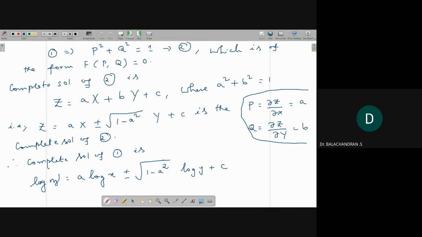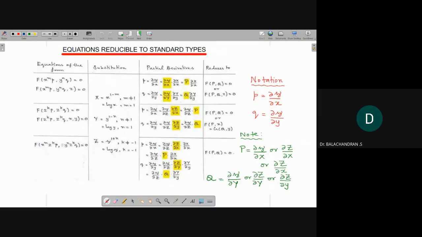No. Actually, I told you that k you should state only when it is along with x and p, or along with y and q.